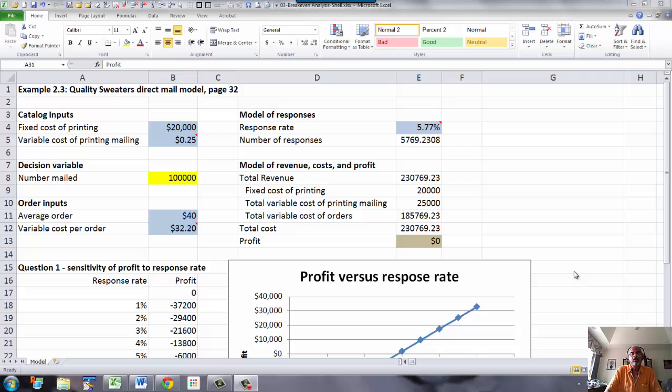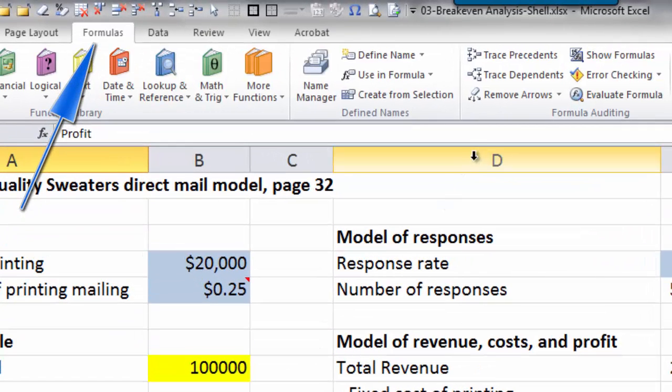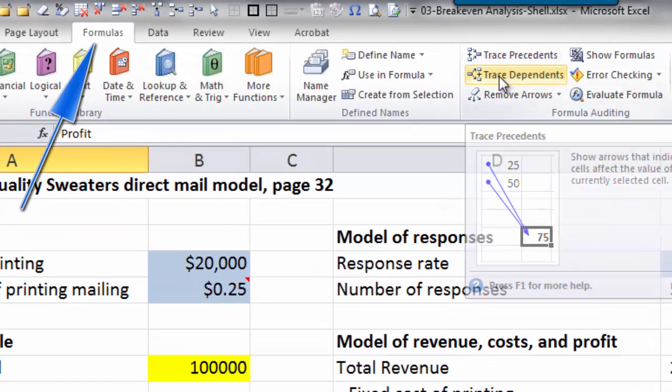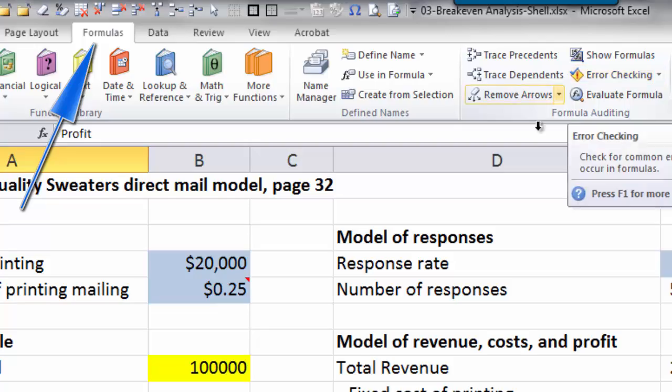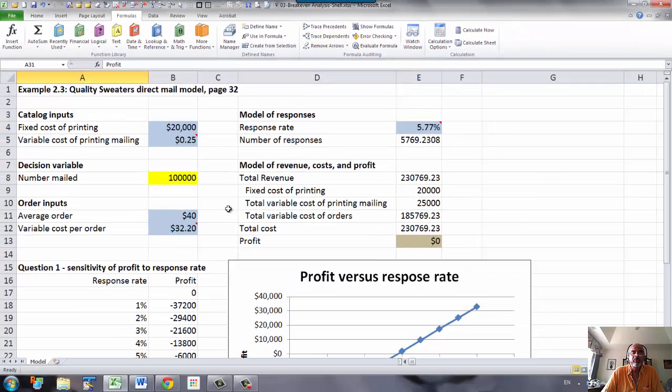Now let's look at one more command, what are called trace precedents and trace dependents. This is useful when you have an error in the model and you want to figure out what's going on, where the error is, and how to fix it.